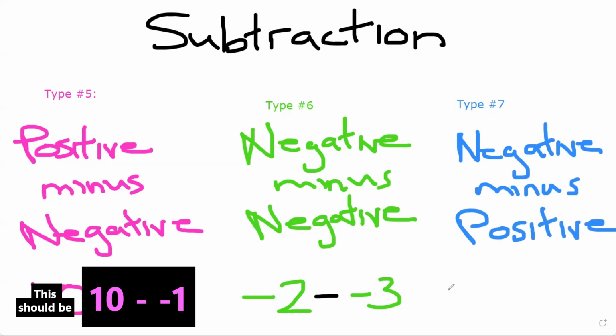And so that is going to be something like this. All right, this is what we're going to cover today, and then we will be done with all 7 types of adding and subtracting positive and negative numbers. So let's jump right in with the first one for today, type number 5.